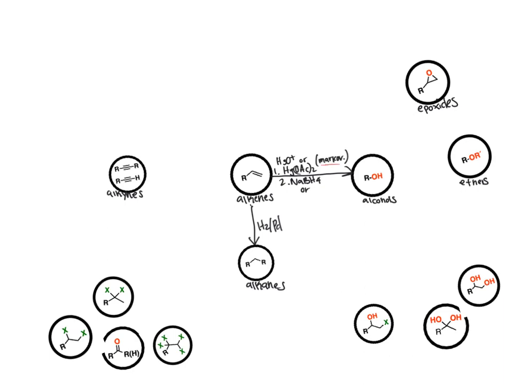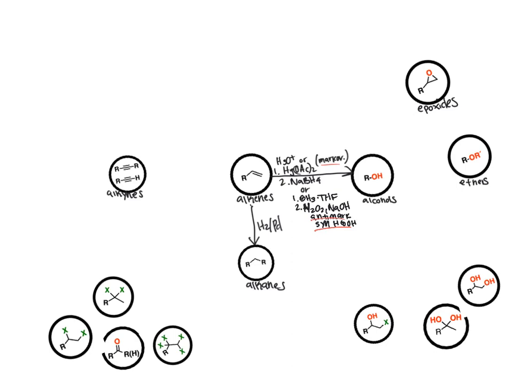We need a Markovnikov alcohol or anti-Markovnikov, which is the BH3·THF with H2O2 and NaOH. The anti-Markovnikov. And remember, there's also syn selectivity of the H and OH. So I'm going to underline those important stereoselective features.